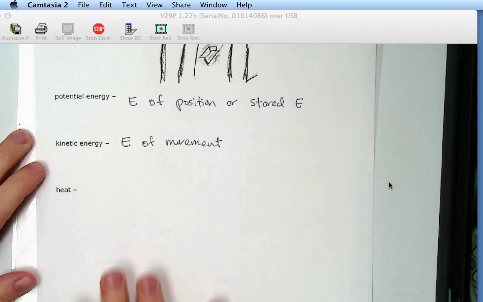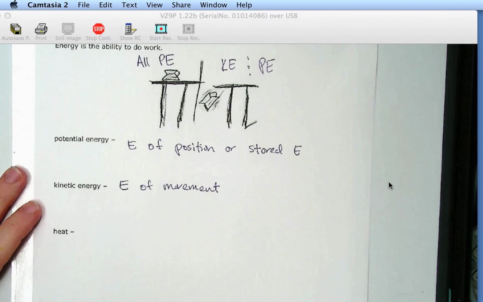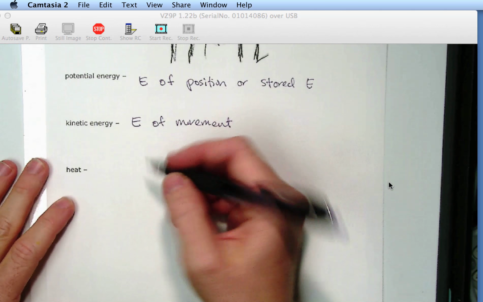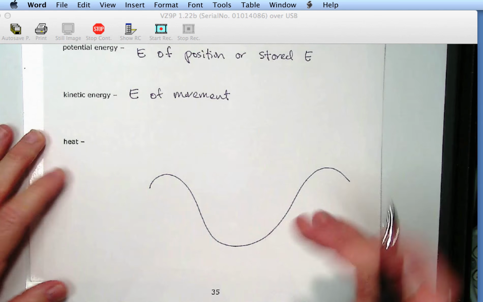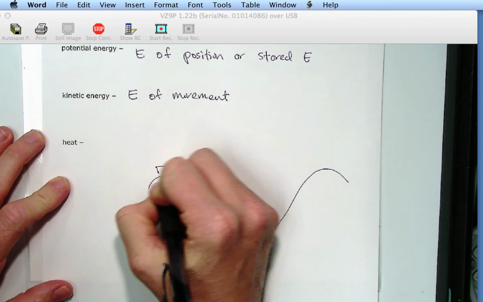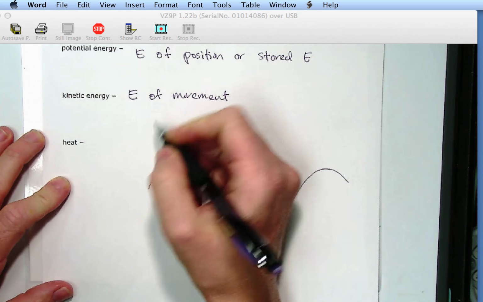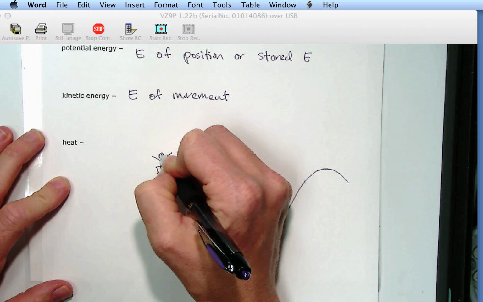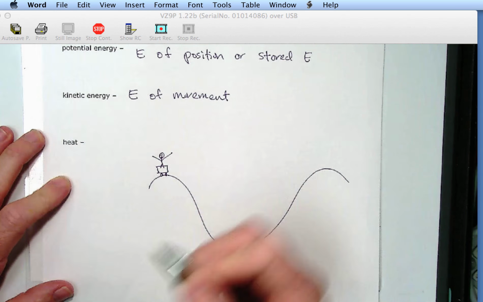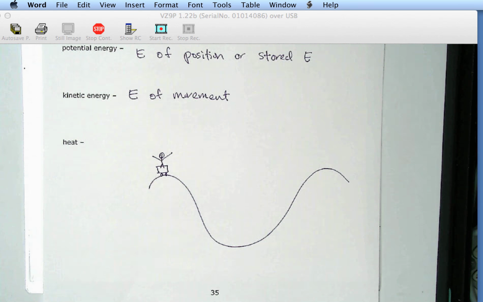And I'll draw you this little roller coaster. I'm sure you've seen this before. So when you ride on a roller coaster, if you like riding on a roller coaster, this would be you.